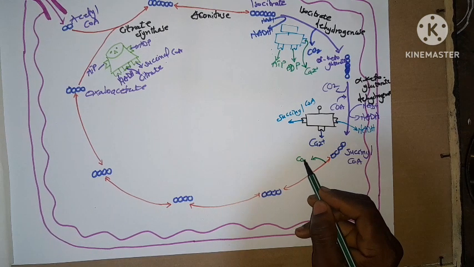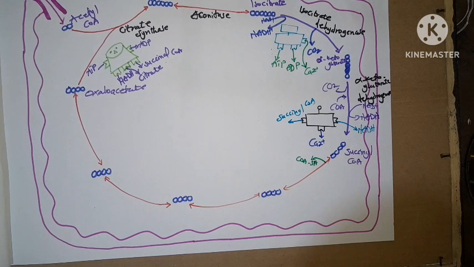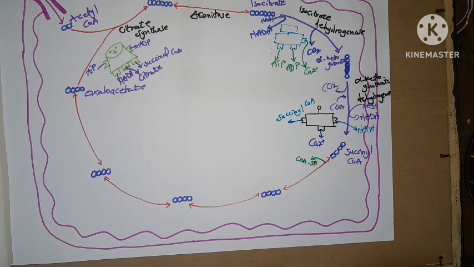And when we remove this CoA, we generate energy. Our body uses this energy to take ADP and inorganic phosphate and form what we call GTP.